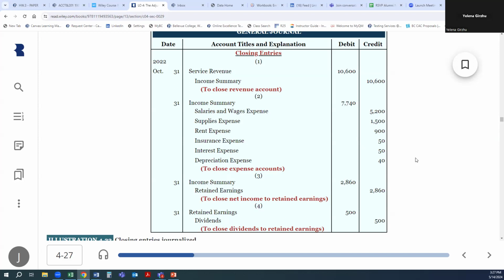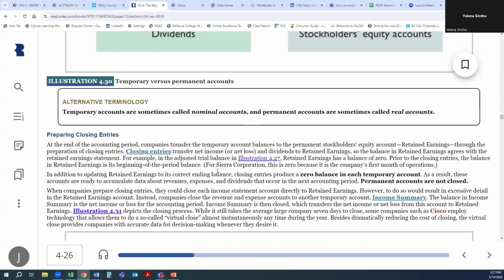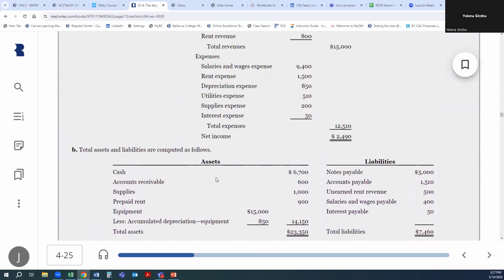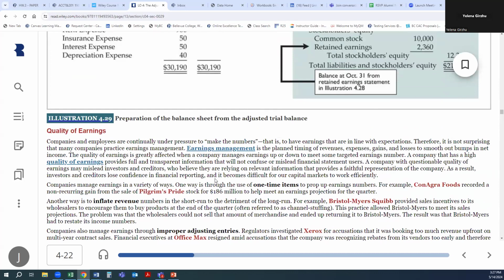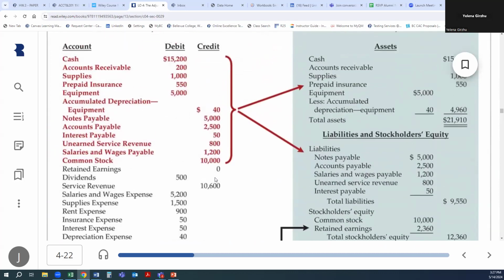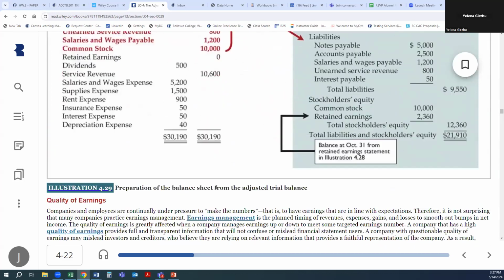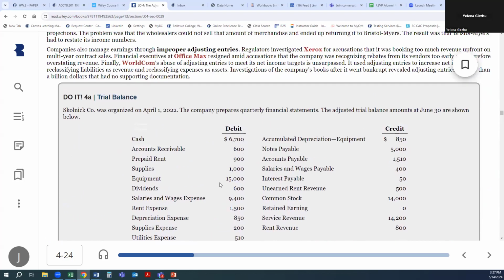So we have 4 closing journal entries, 1 to close all the revenue accounts, 1 to close all the expense accounts. So let's go back to the trial balance before we make these adjustments. It says it's on page 424. Where did it go?